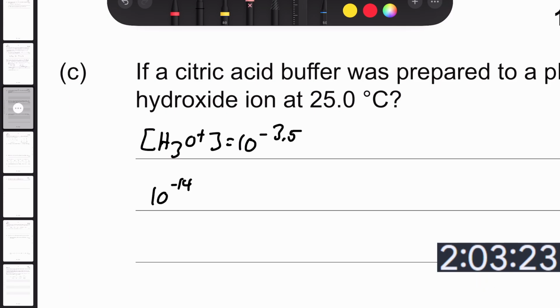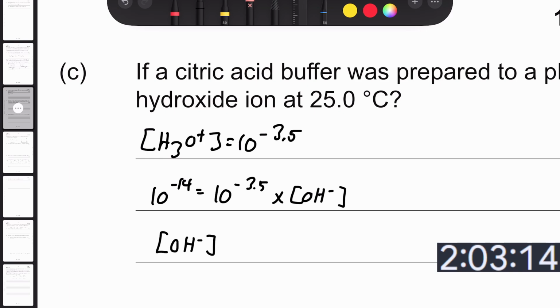Then 10 to the negative 14 is equal to 10 to the negative 3.5 times the concentration of OH. So OH is equal to 10 to the negative 10.5.